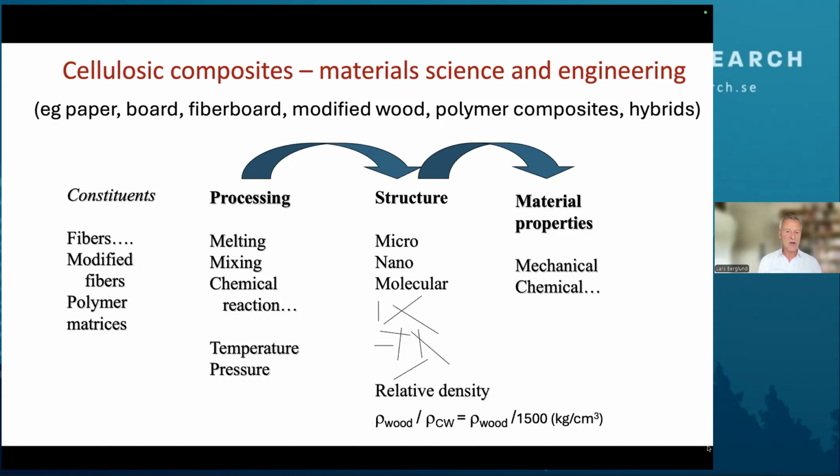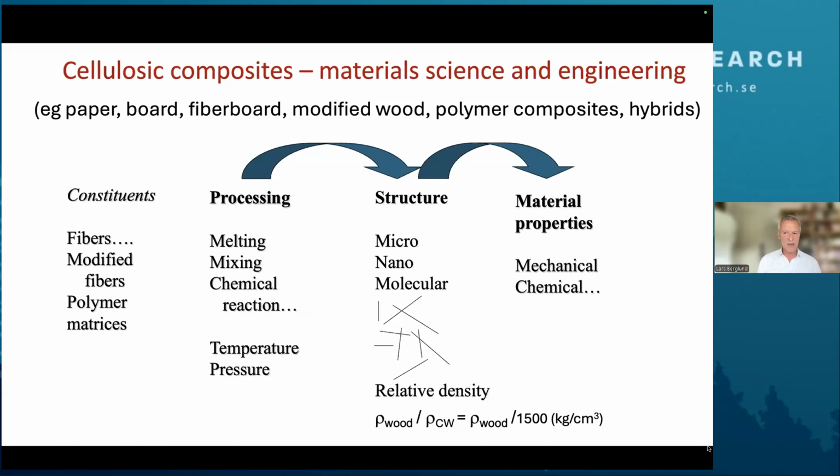Then this structure is controlling the physical and chemical properties. My emphasis has always been on mechanical behavior. I've been trying to understand how the microstructure influences material properties. So this is traditional material science and engineering.